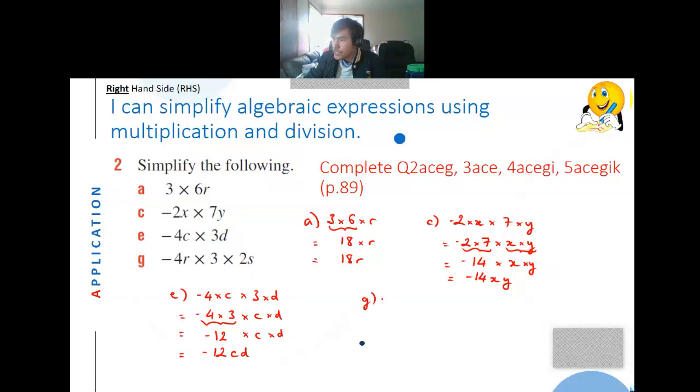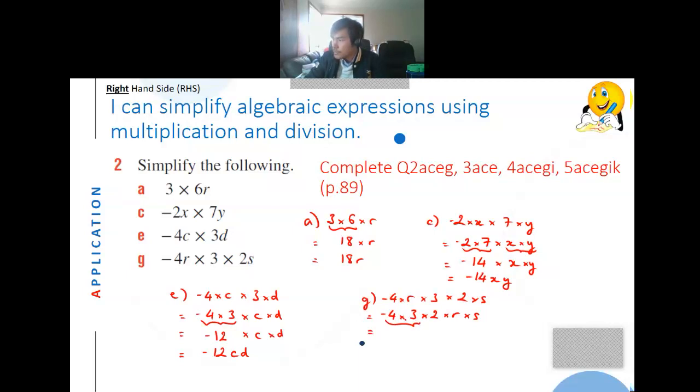Then we've got g: -4 times r times 3 times 2 times s. Group the numbers together, -4 times 3 times 2, and group the letters together, times r times s. Let's do this step by step.